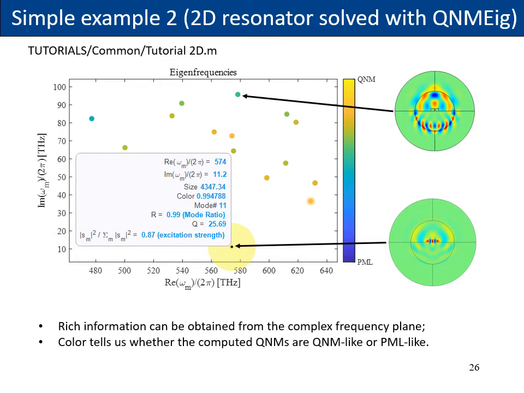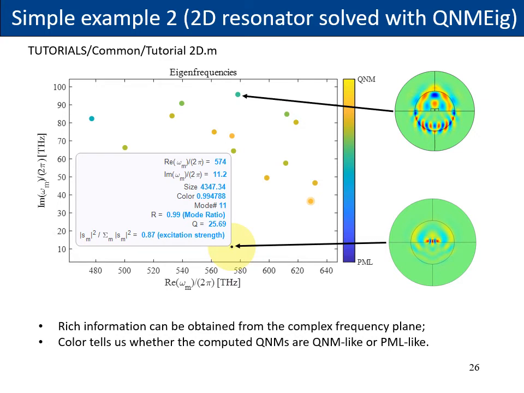For this mode with yellow color, this big circle, you can find from its field distribution that the electric field is mainly concentrated inside and in the vicinity of the resonator, and the field inside the perfectly matched layer is vanishing.